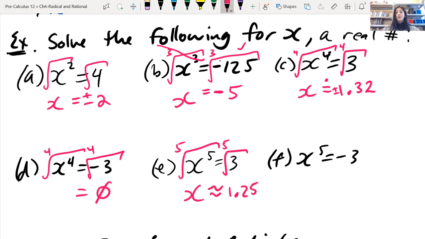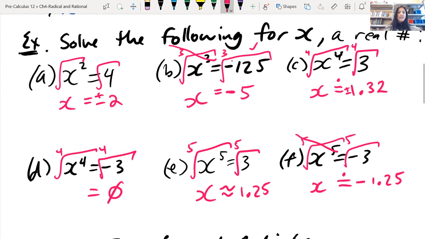So it's approximately 1.25, and if I take the fifth root of a negative number, that is allowed, so these two cancel, so that I get x, and that is allowed, so I would get approximately negative, because if we're taking the fifth root of a negative, the answer is going to be negative 1.25. So there's some quick warm-up to get us into how to do this stuff, and then we'll take a look at graphing transformed radicals.